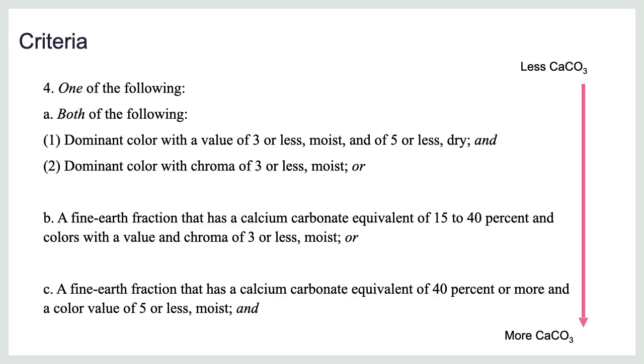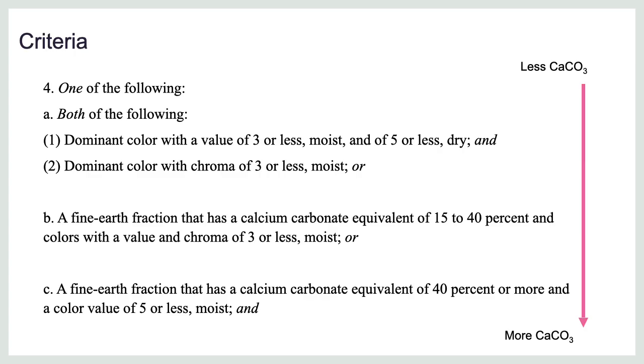Okay, other criteria: considering the content of calcium carbonate, we define different colors. So if I register a very low calcium carbonate content, or even no calcium carbonate in the soil, the dominant color should register a value of 3 or less when moist, and 5 or less when dry.